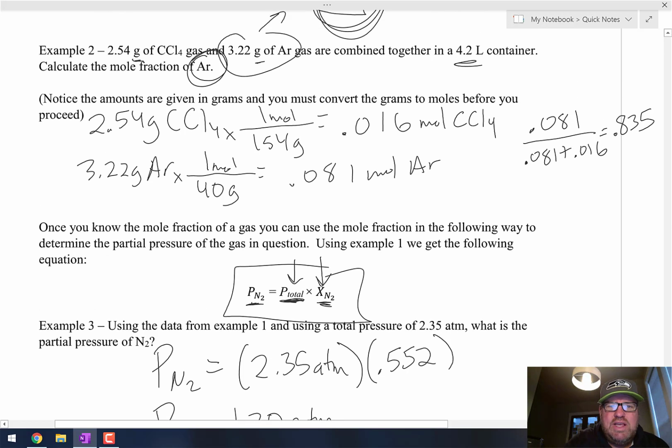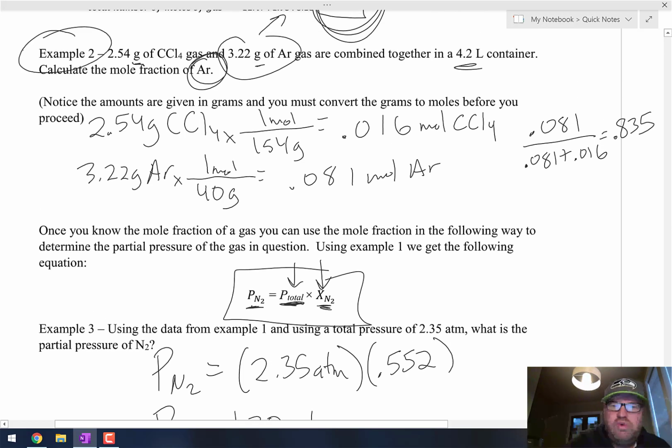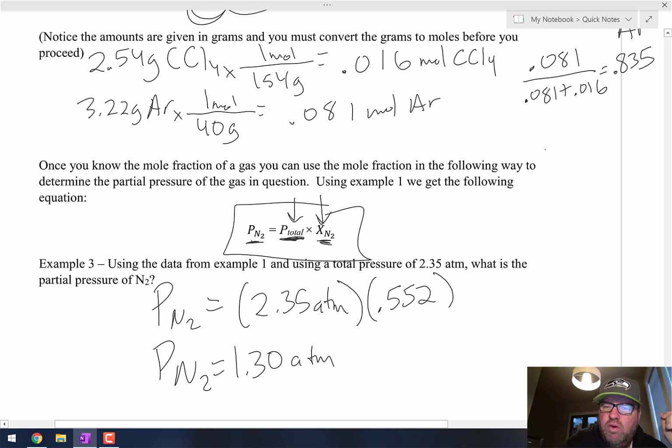Okay, and that's the last example, but let's look up here at this one. Let's go back to example 2 here. So here's our mole fraction of argon, right? So that means that of the moles in that container, 0.835 out of 1, right? And the total would be 1, 0.835 of them are argon. So let's say the total pressure was, I don't know, 8.17 atmospheres. Okay, that equals the total pressure. We can use that mole fraction to determine what the pressure of the argon is.